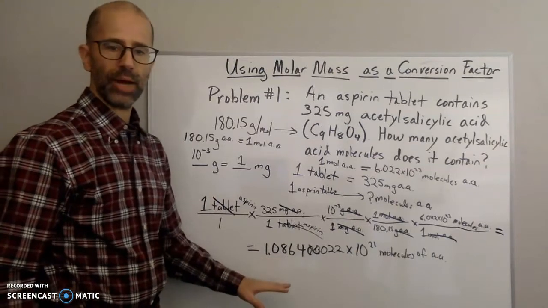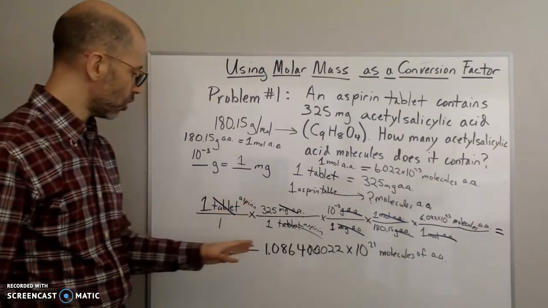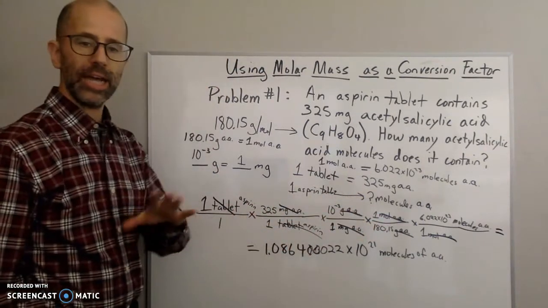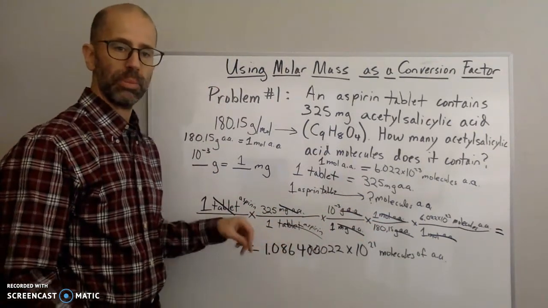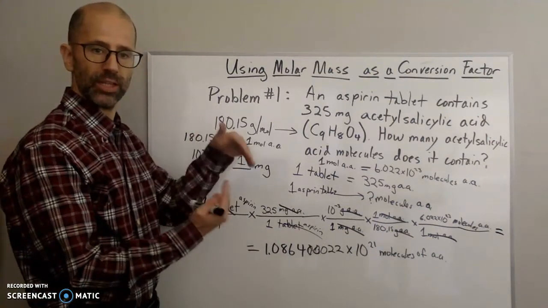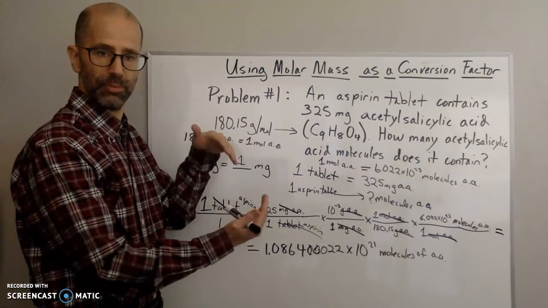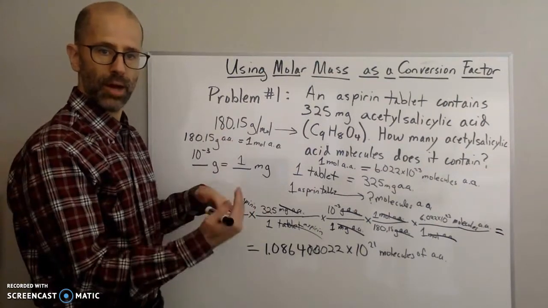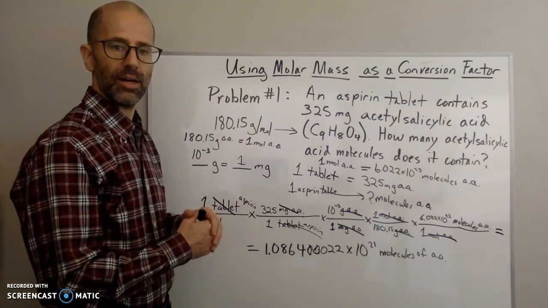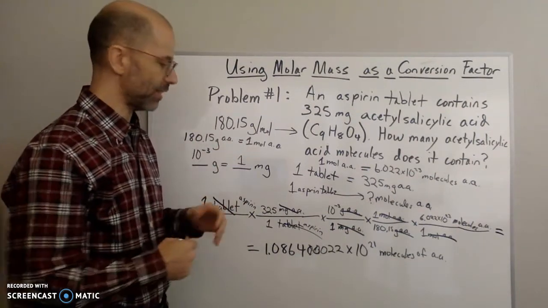Now we need to worry about significant figures. So we look at the numbers we multiply. Ignore anything that's exact. So remember, if you have a metric to metric relationship involving the same type of measure, right? So mass to mass, length to length, time to time, things like that, then it's going to be exact.